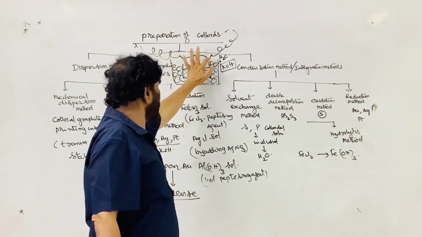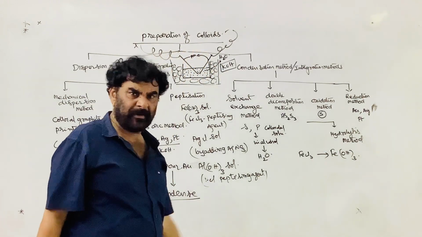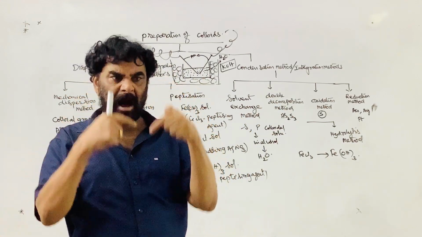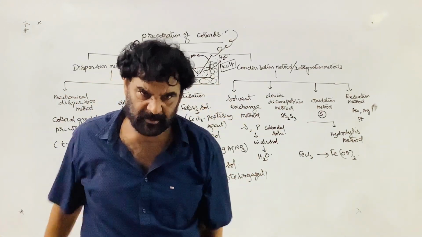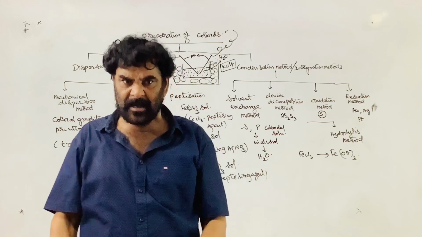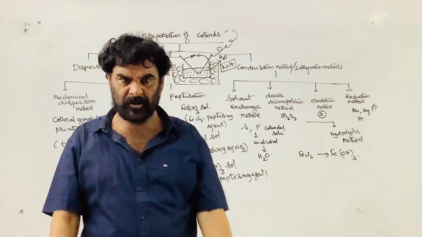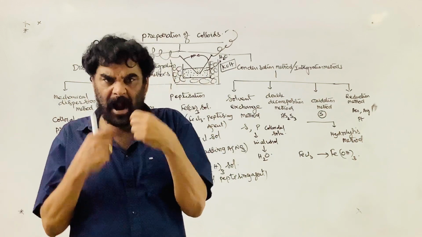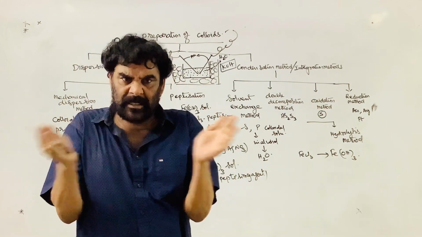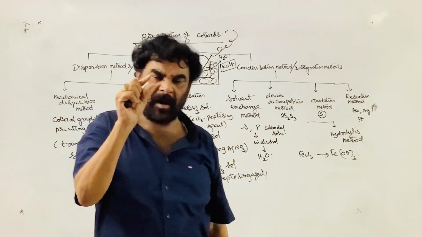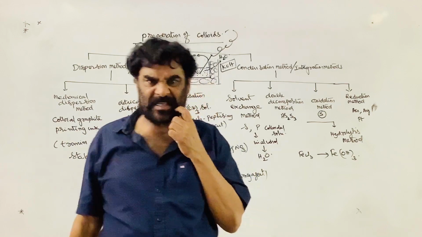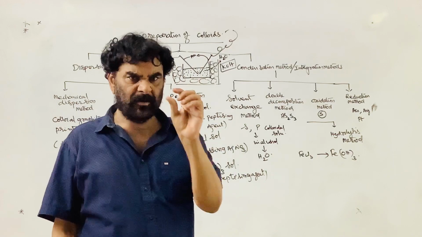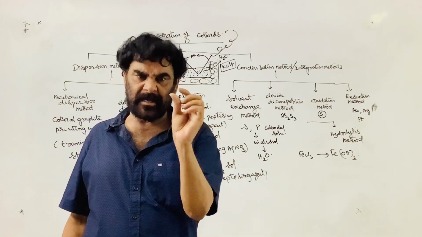In that, two gold rods are dipped. Between the gold rods, an electrical arc is created. When the arc is created, gold is converted into the atomic level and vaporizes. These vapors are condensed due to the cooling effect of the ice, and the atoms combine with each other to form small particles, clusters, small aggregates of gold.